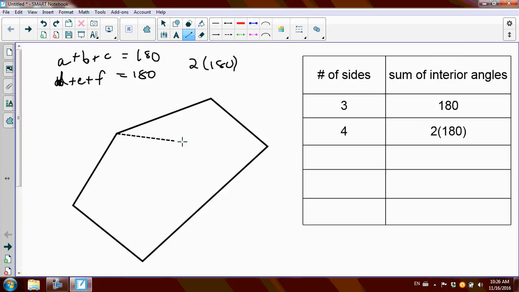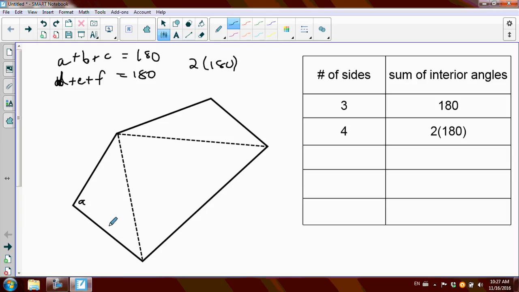So from this vertex, I can draw one diagonal, two diagonals from that one vertex. Okay, and look, I've got A, B, C, D, E, F, G, H, I. Well, A plus B plus C, that's 180 again. D plus E plus F is still 180, but now I've got G plus H plus I also equaling 180.